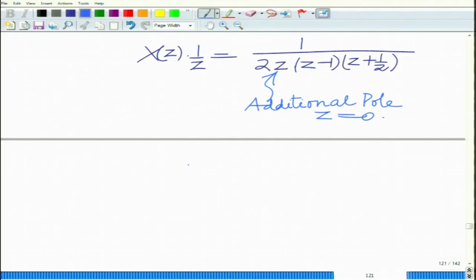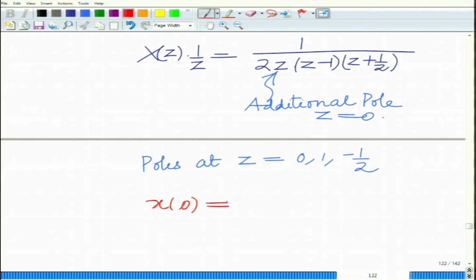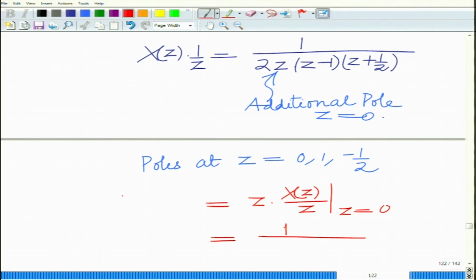Okay. Now, therefore, we have poles at z equal to 0, 1, and minus half. Now, x of 0 equals the residue at 0 of X(z) into z raised to n minus 1, which is X(z) over z evaluated at z equal to 0.